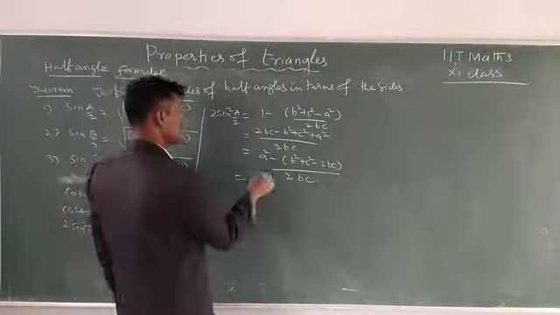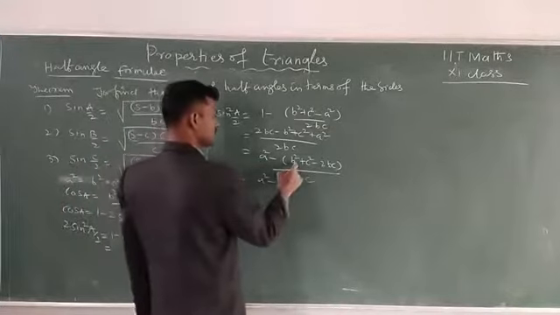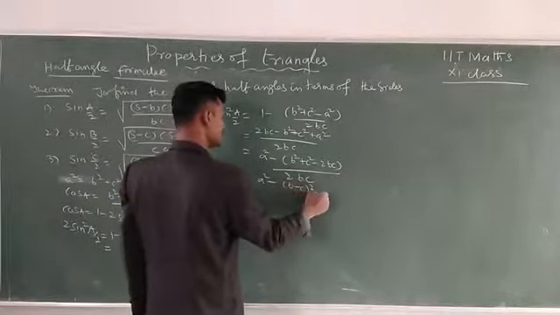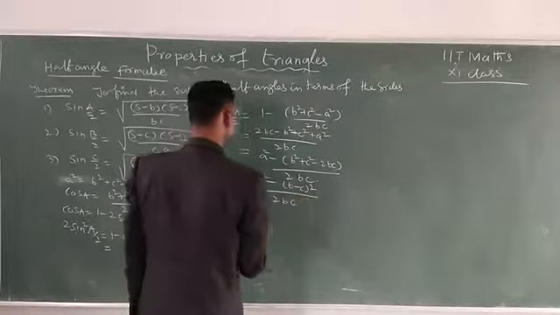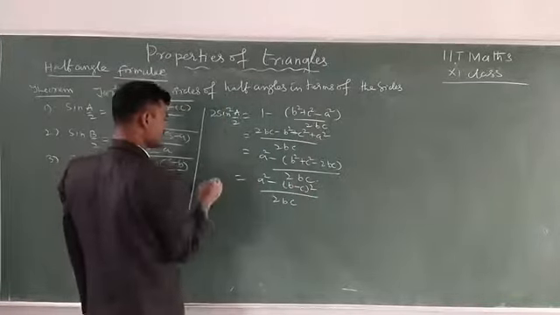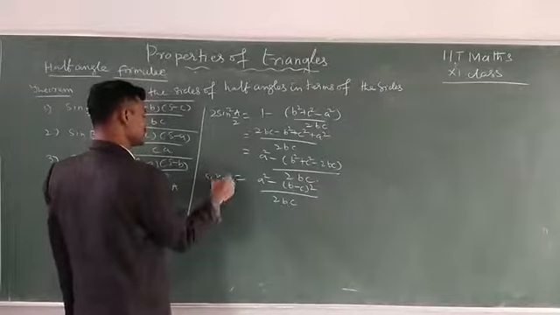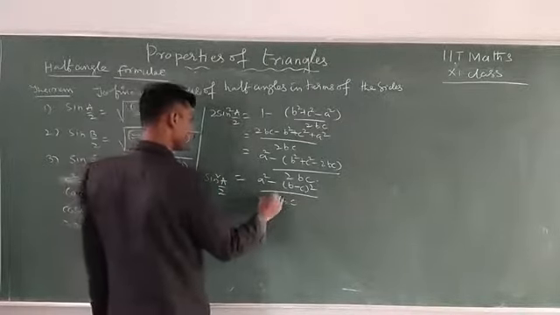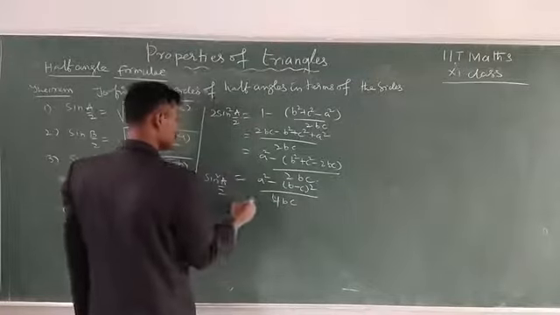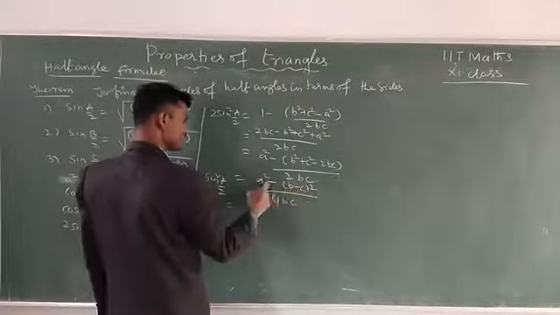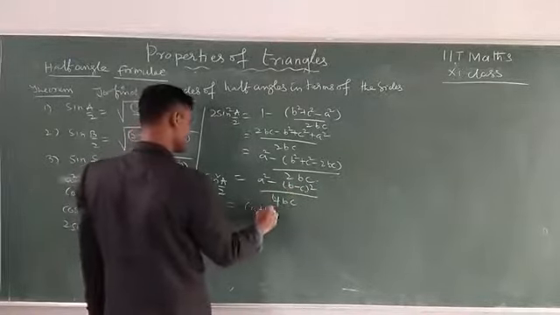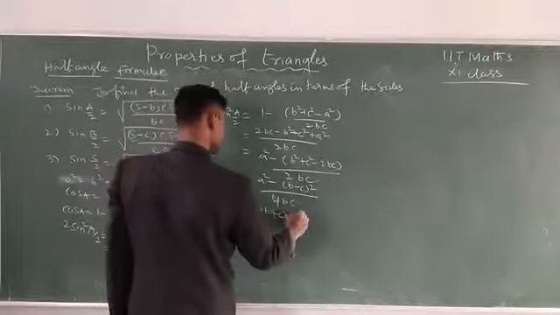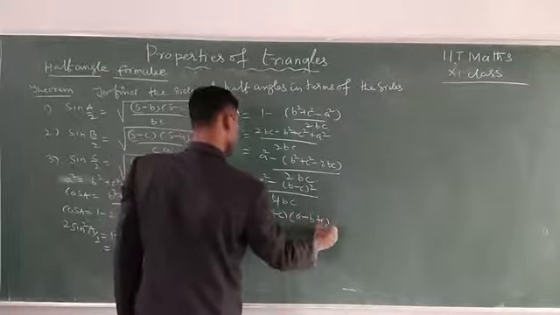Now see here, b square plus c square minus 2bc is (b minus c) whole square. Now this also goes to the denominator, so sin square A/2 is equal to, 2 into 2, 4 times bc. Now a square minus (b minus c) whole square, this is (a plus b minus c)(a minus b plus c) by 4bc.